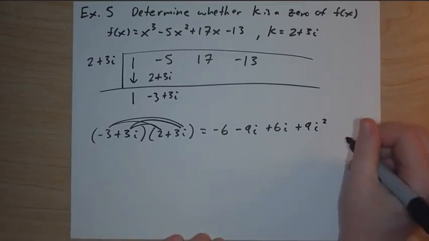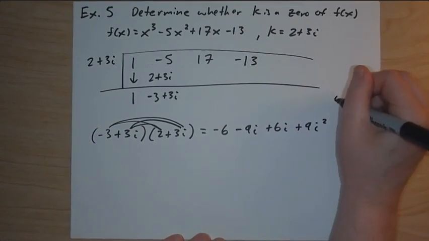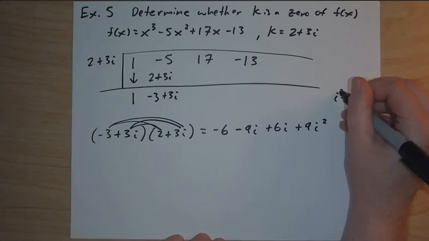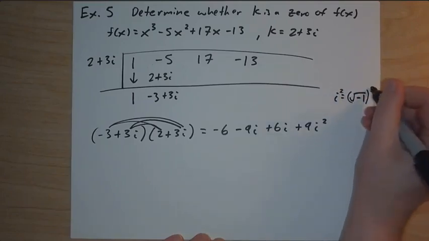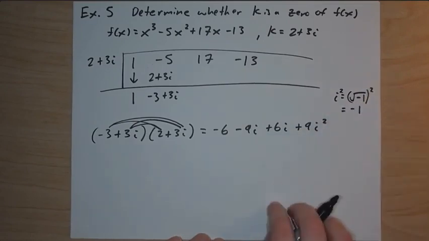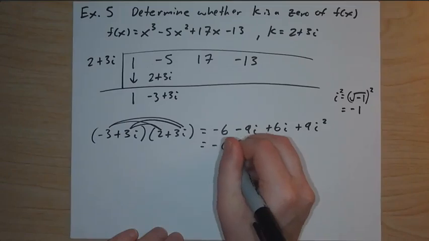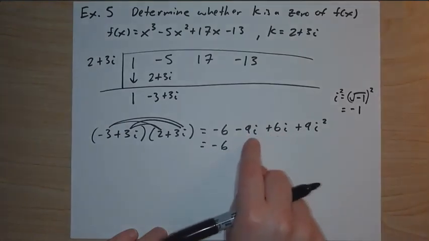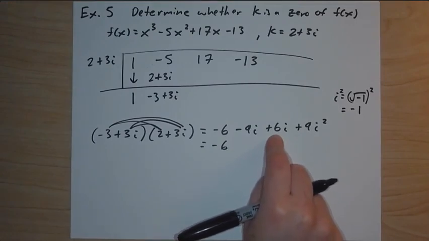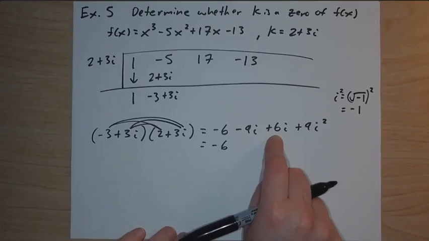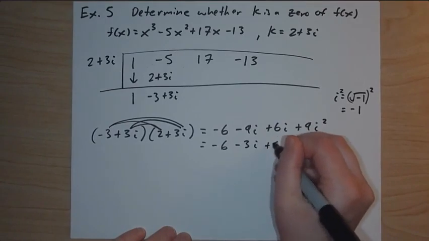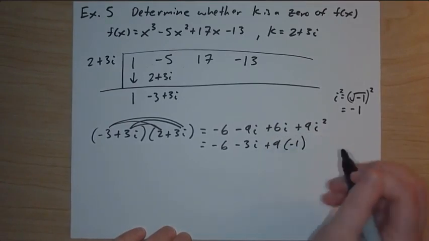Now i squared: remember that i is equal to the square root of negative 1, and if we square it, the square of a square root is just itself, so this is just going to equal negative 1. So this is equal to negative 6, and if we simplify this middle part, negative 9i plus 6i is going to give us negative 3i, and then we have plus 9, and then i squared is negative 1.